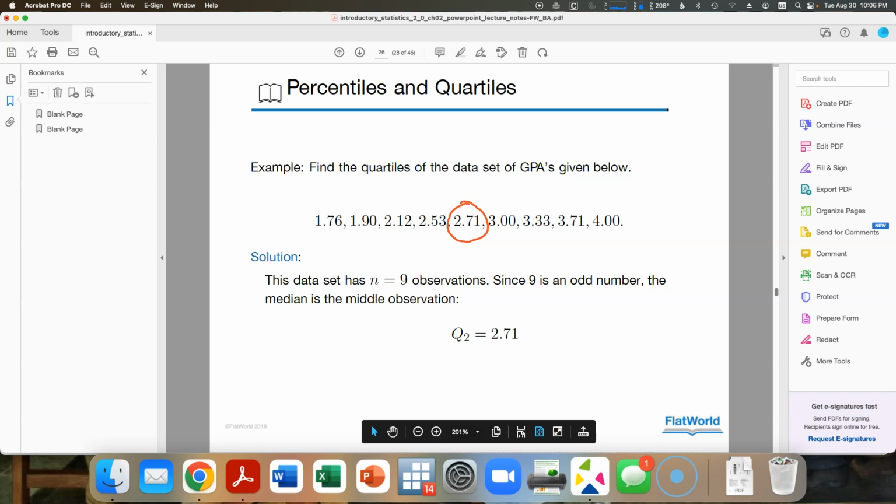And then for the lower 50% range, we need to find the median here. And for our upper 50% range, we need to find the median here. So what we're going to have to do is take the average here. 2.12 plus 1.9 divided by 2. So that would be 2.01.